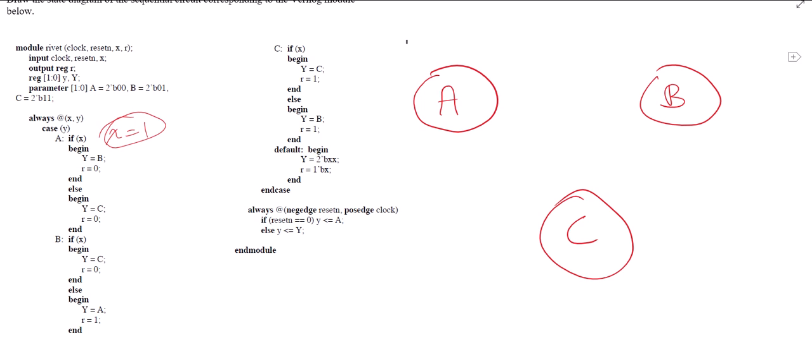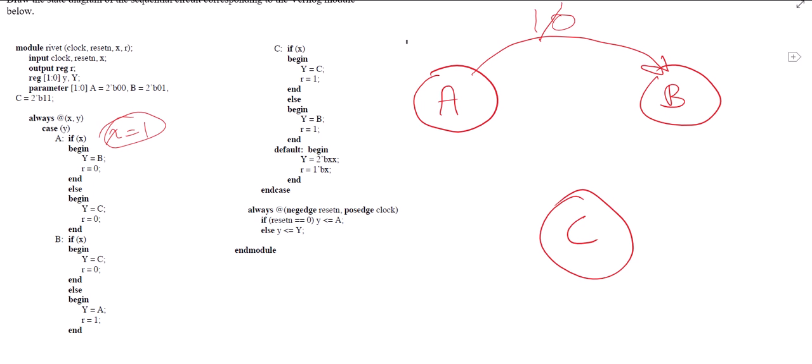So let's just start here. We are at state A, and if X equals 1, then our next state is B, and we can write this with a 1, and then I'm putting a slash, and after the slash I'm going to put what our output is. Our output is 0.